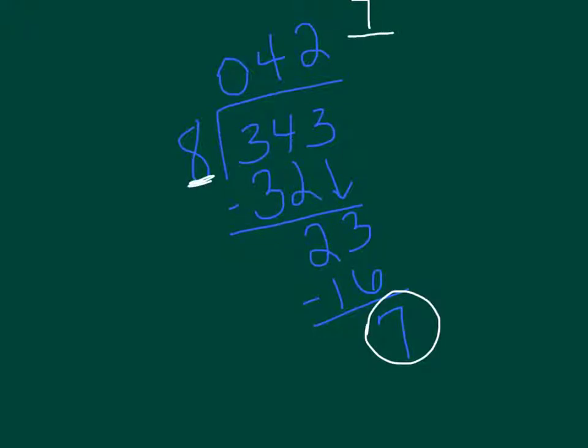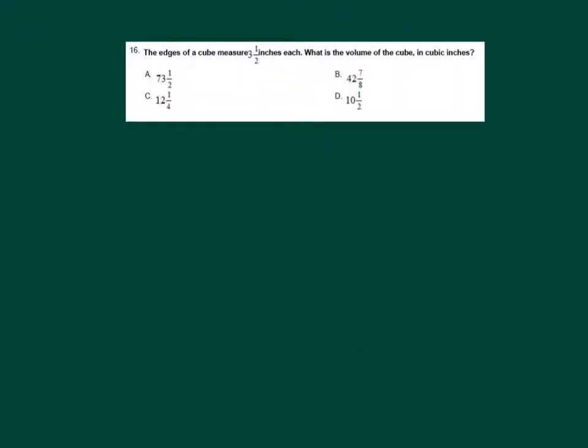And then the 8 is your new denominator. So when we go back to our original problem, number 16 from the test, and we're trying to find out what the volume of a cube with edges that measure 3.5 inches are, we see our correct answer, 42 7/8.